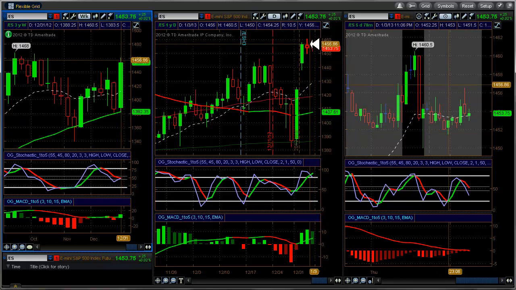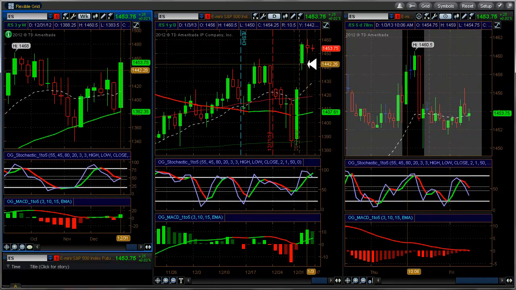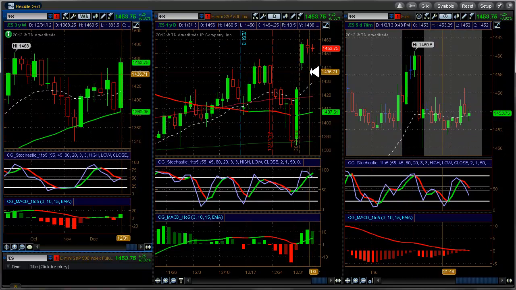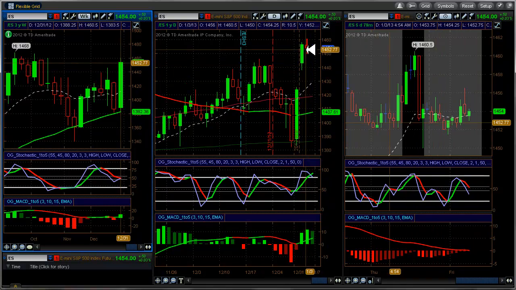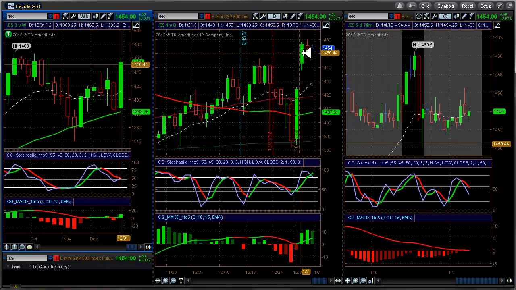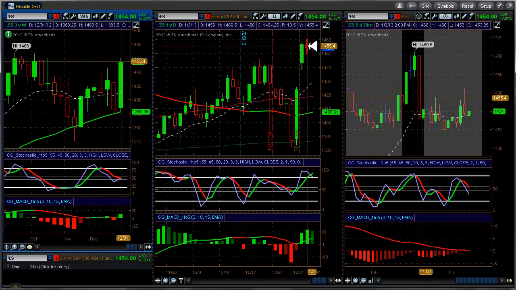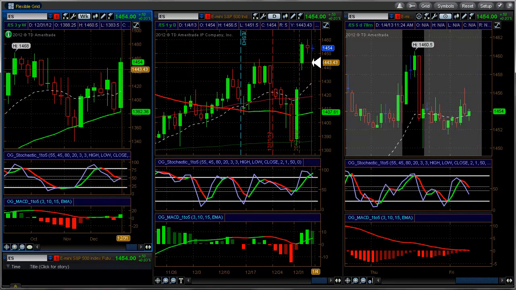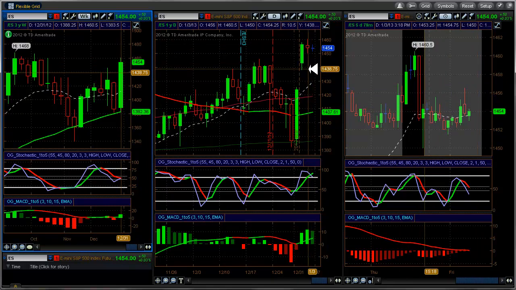The body of this candle is completely within the body of the previous day's candle, and it is of the opposite color. What that usually indicates in an uptrend, if the previous day is green and your inside day is red, is a reversal indicator. Not 100% of the time, but many times.